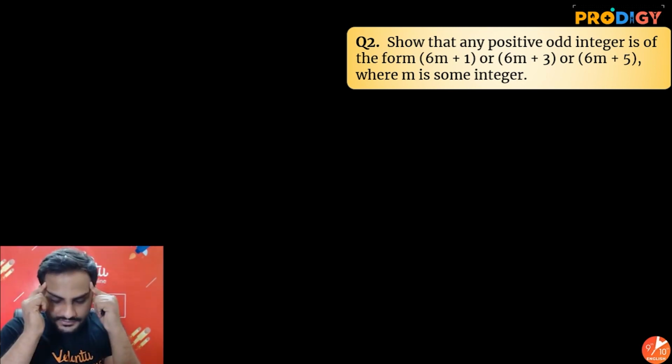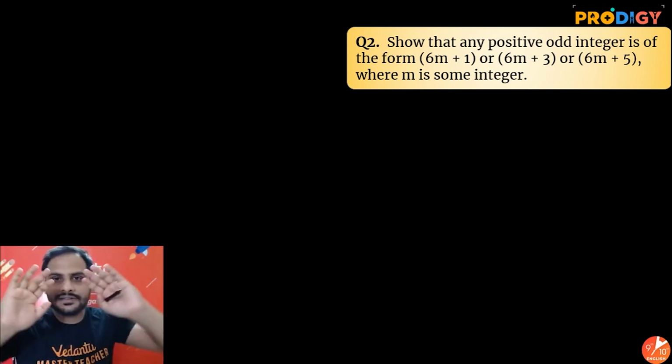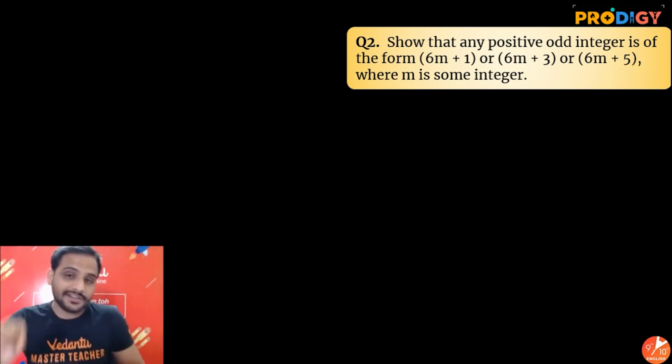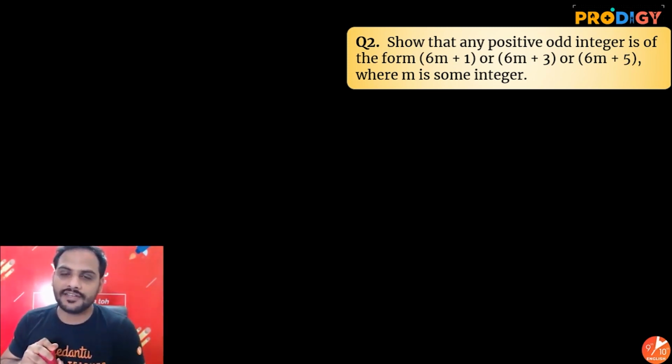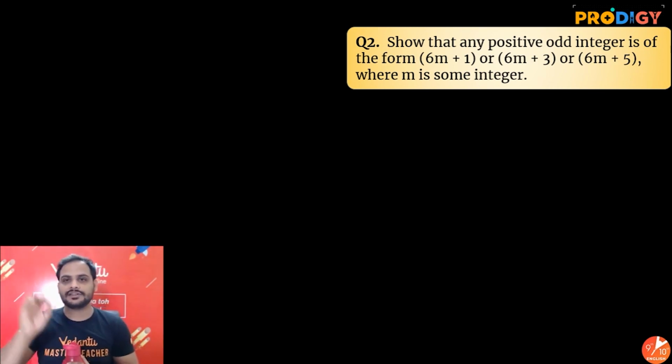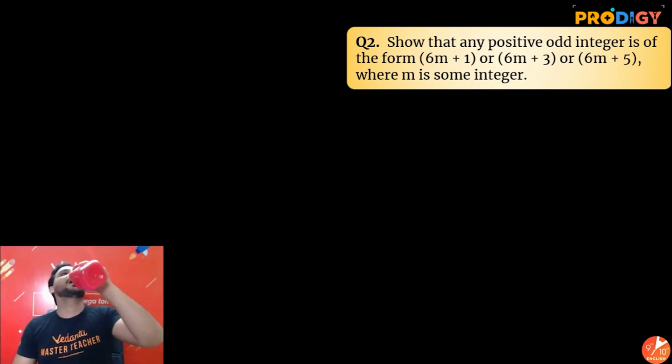Looking at this question, tell me what should be the value of divisor I should choose for this question? What should be the value of b?